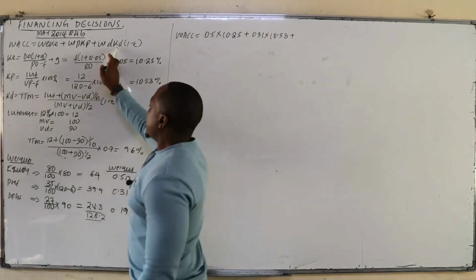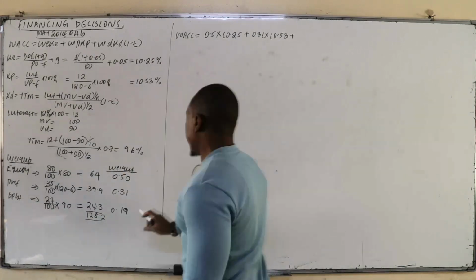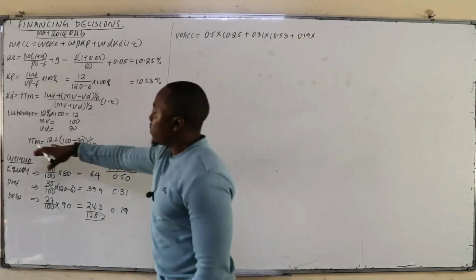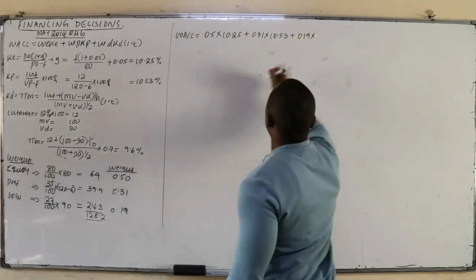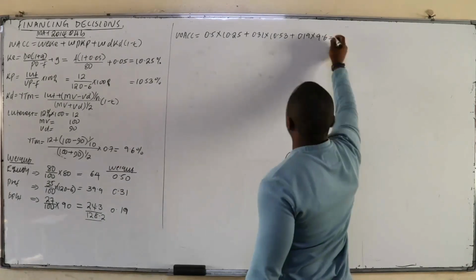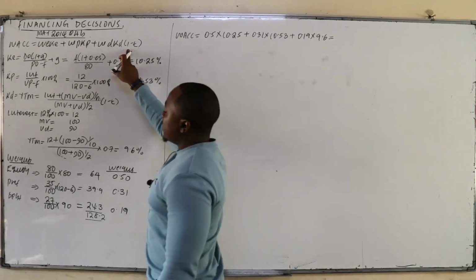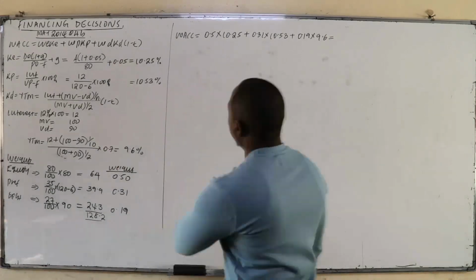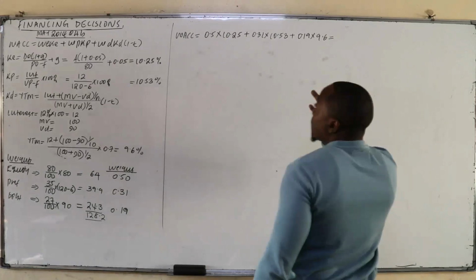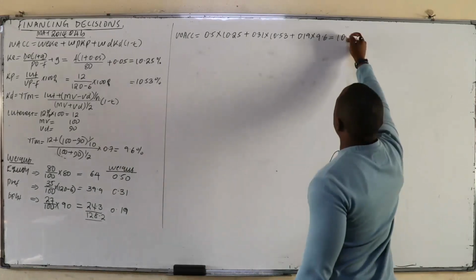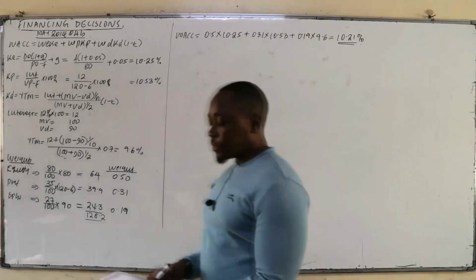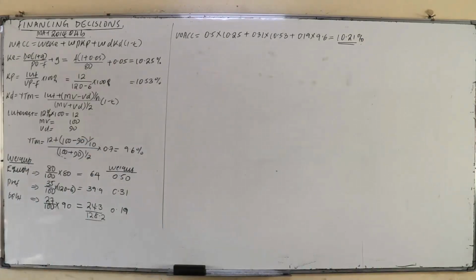Plus weight of the debt times cost of the debt. So the weight of the debt we have is 0.19 times the cost of the debt. Now the cost of the debt, yield to maturity, was 9.6. Then 1 minus t. But in this case, the 9.6 was already net of tax. So don't factor in the tax again. So what do you get? 10.16. So you can copy.